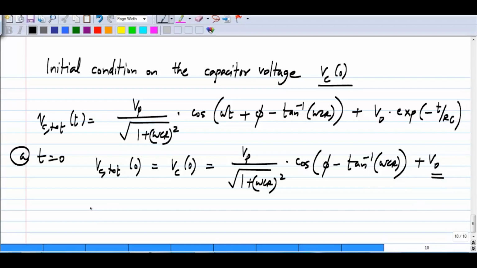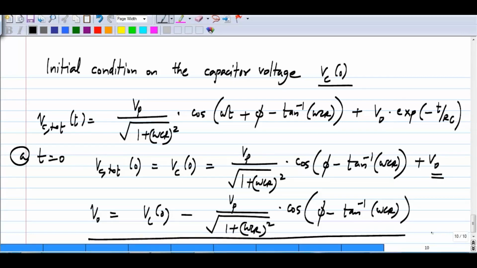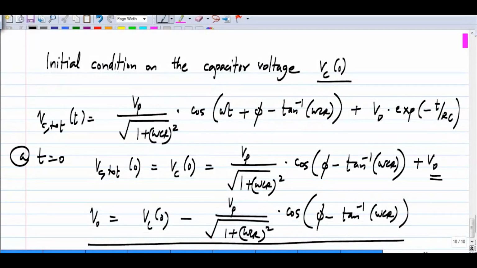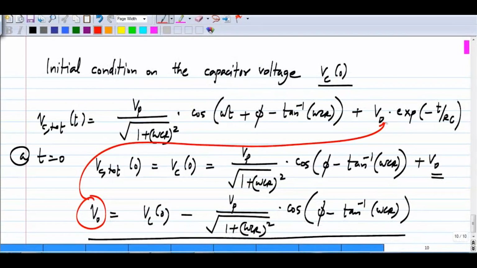So this unknown coefficient V0 of the natural response is Vc of 0 minus Vp by square root of 1 plus (omega CR) squared, cos(phi minus tan inverse omega CR). Okay. This has to be substituted in there to get the total response.